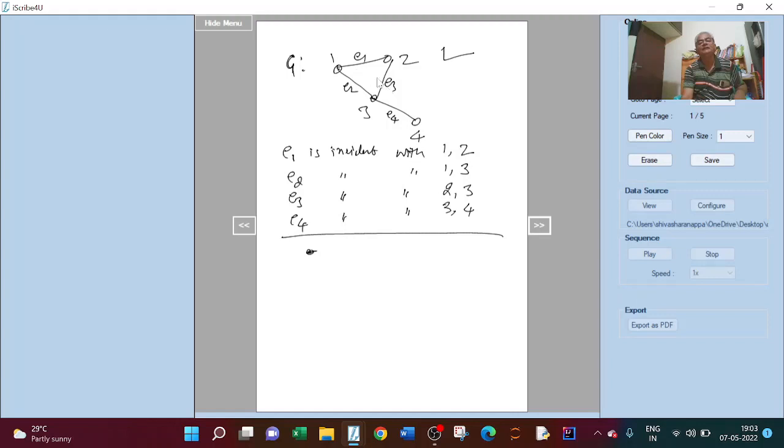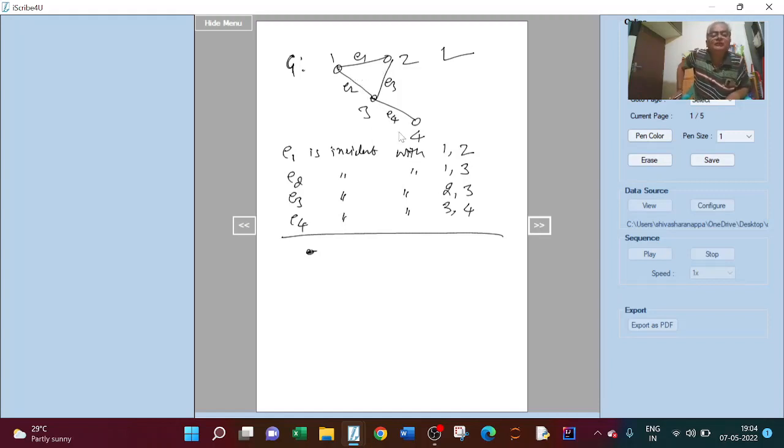Similarly, E1 and E3 are incident with a common vertex 2, so E1 and E3 are adjacent. E2 and E3 are adjacent because they are incident with common vertex 3. E1, E2 adjacent, E3, E4 adjacent, E2, E4 are also adjacent. But E1 is not adjacent with E4, because there is no vertex common between E1 and E4.